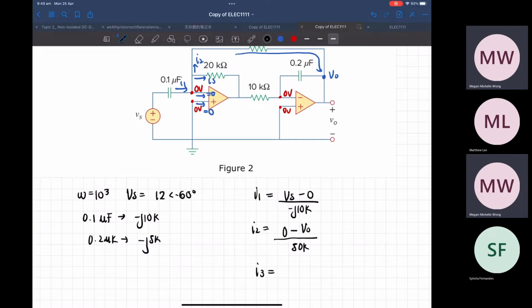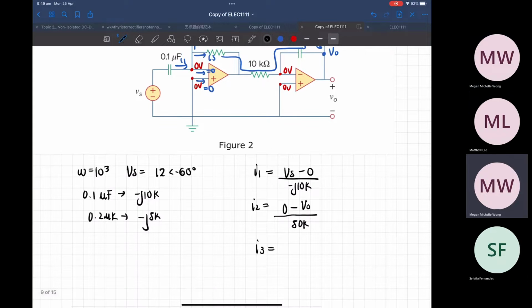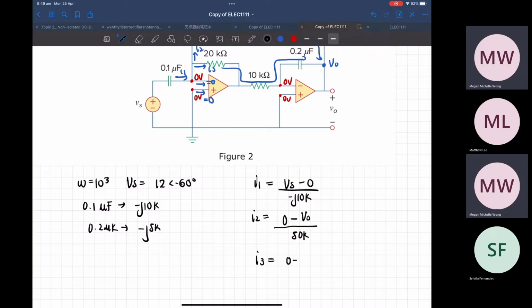And then my I3 will travel like that, so you can simply put 0 minus V out over 20K plus 10K plus minus 5J.